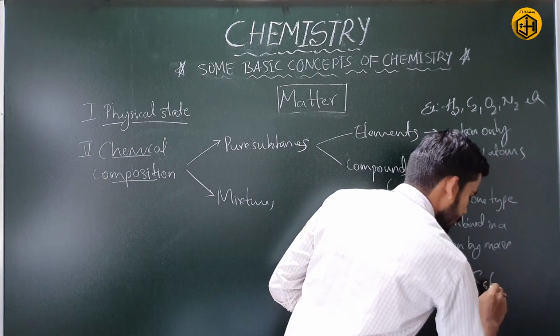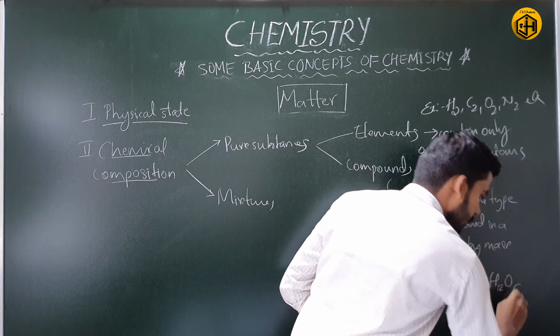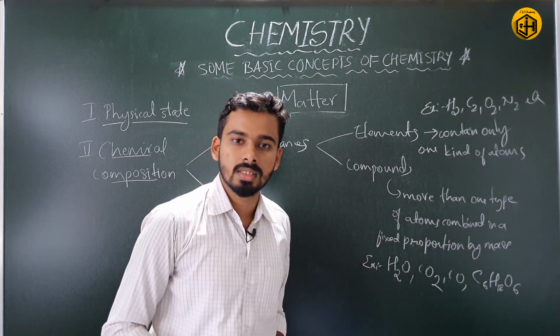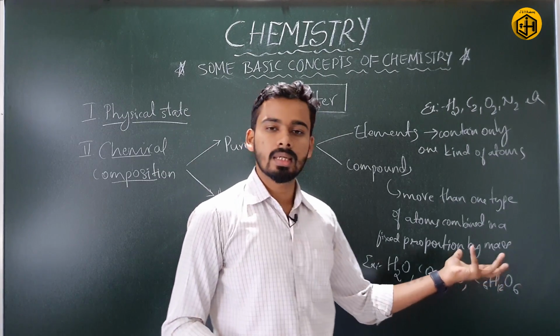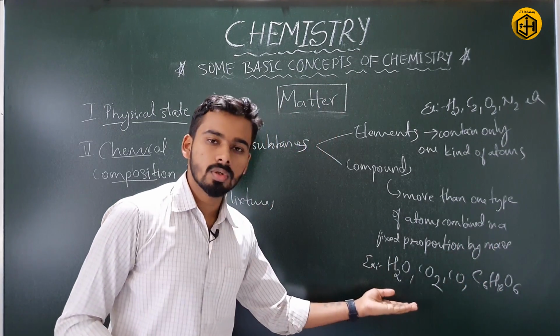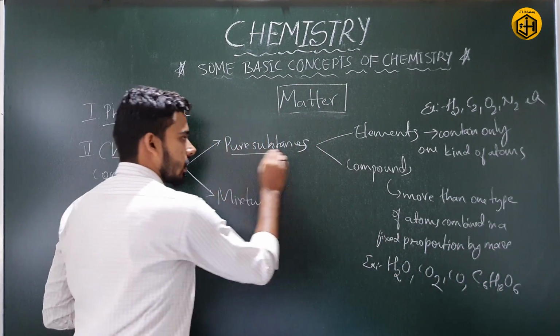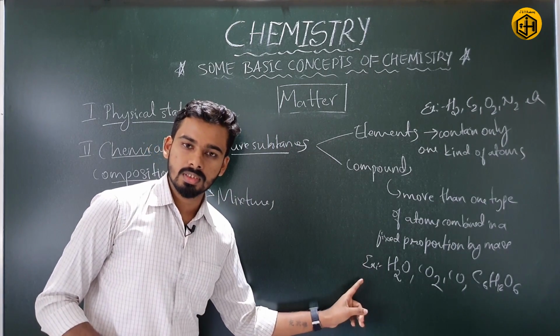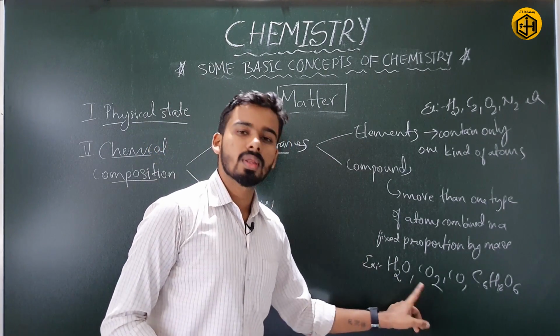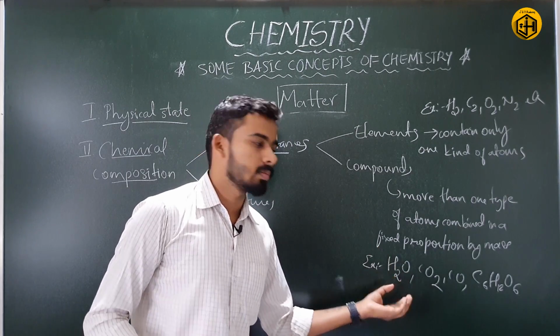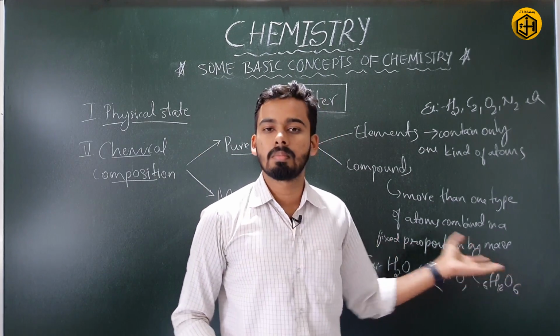One more, C6H12O6. What is this? Glucose. Yes, glucose is a compound. Compounds are also pure substances, but they contain more than one type of atoms joined in a fixed proportion by mass.